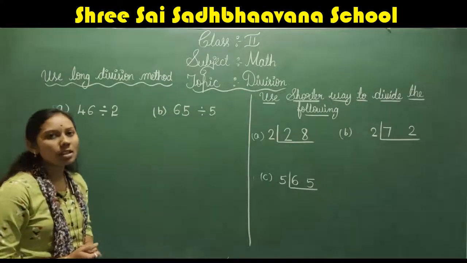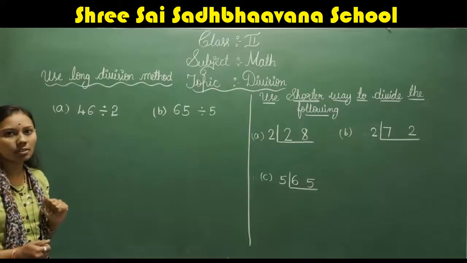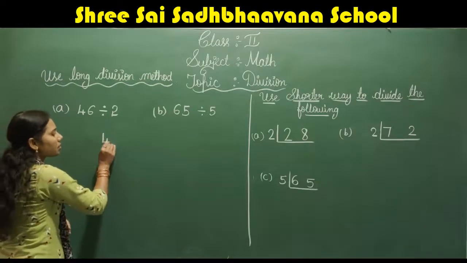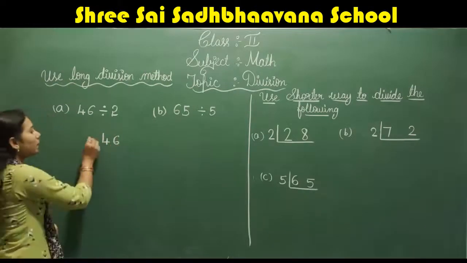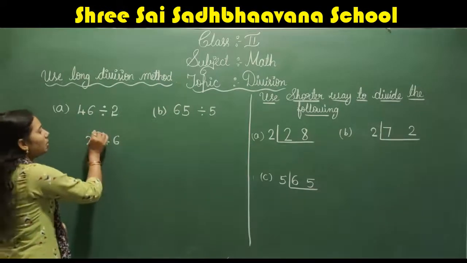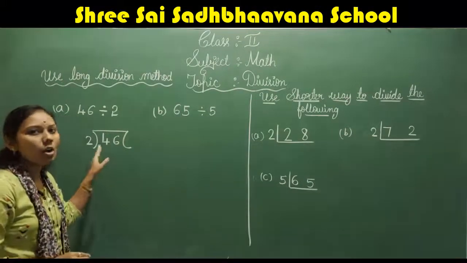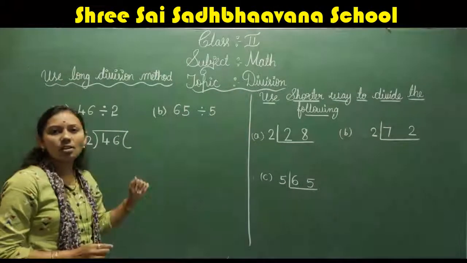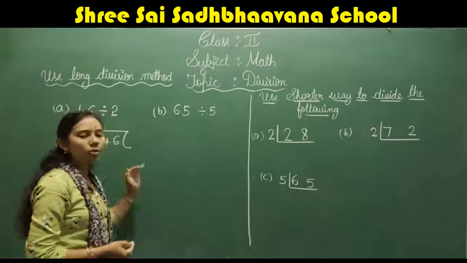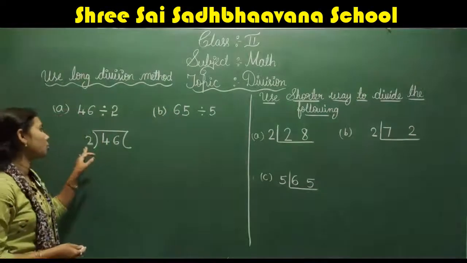So we are going to divide this 46 dividend by the divisor and we are going to find out the quotient. The answer obtained from this, we call it the quotient. Okay, let us see how to do it now.